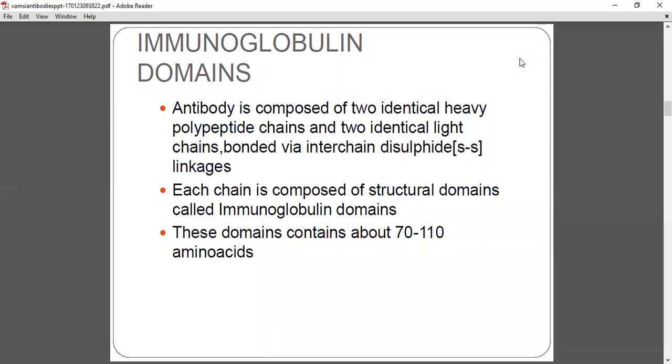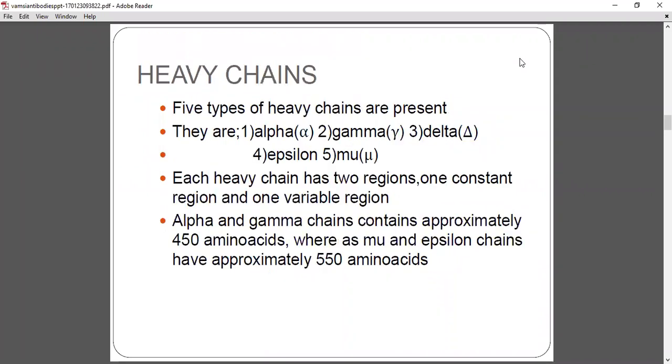That's just for the purposes of description, but not important, and they contain 70 to 110 amino acids. This is information that you want to know, but not to cram.